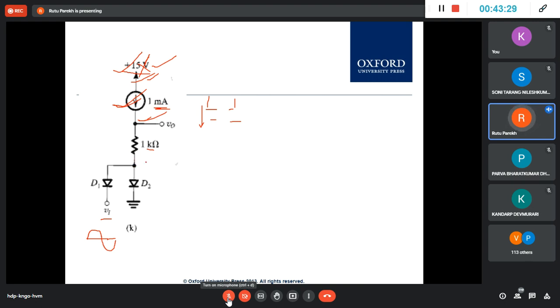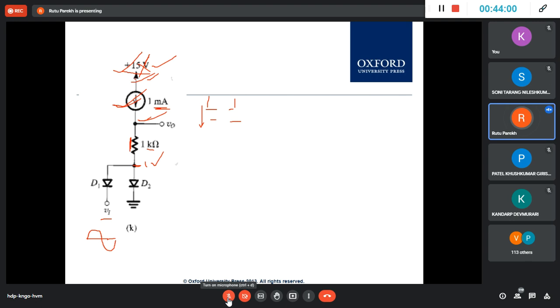Okay, this terminal is 1 volt. Sorry. So this R is 1 volt. The current flowing, let's say 1 milli, this will be 1 volt.